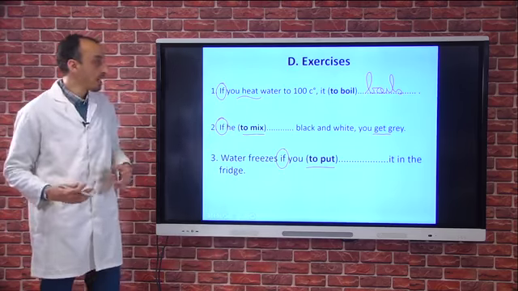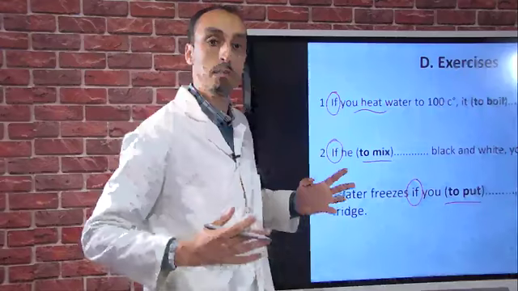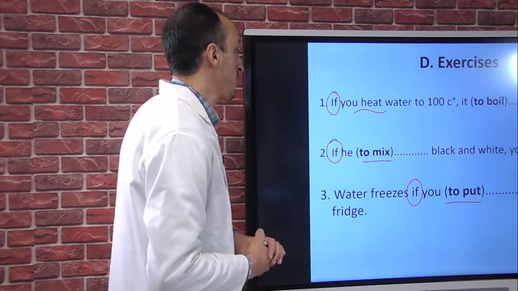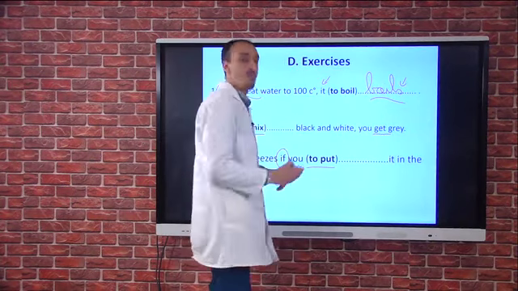Okay, it boils, right. So that's something scientific. That's something that is always true. So here we used conditional type 0. Here we have present and present. We have to add the inflection S as you studied the present simple in common core. We add the S because we have the pronoun it.